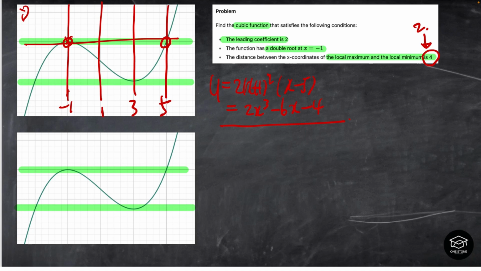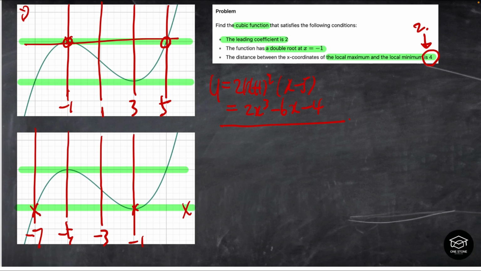Case 2: x = −1 is the local minimum. In this situation, the sequence of equal steps extends to the left. The local maximum is at x = −5. The inflection point is at x = −3, and the other intercept is at x = −7.